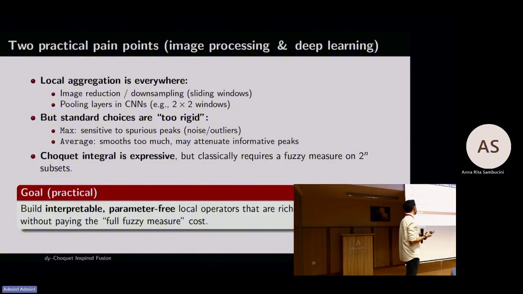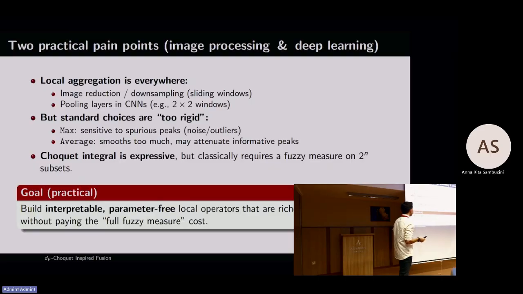But the standard choices that are most commonly used, like maximum and average, are too rigid. For example, maximum is very sensitive to outliers and tries to keep peaks, and average usually smooths too much and may remove small details or edges.